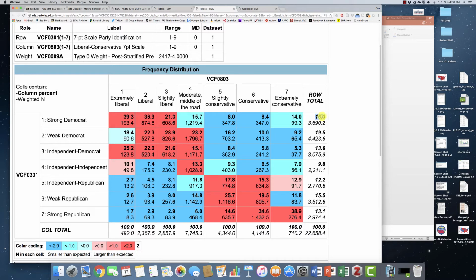We should expect, based on this overall total, to see roughly 16.3% in all of these cells. Now, obviously, as you look through here, there's 39.3, and so on and so forth. That's not the case, right? And so this is color-coded to tell us that.